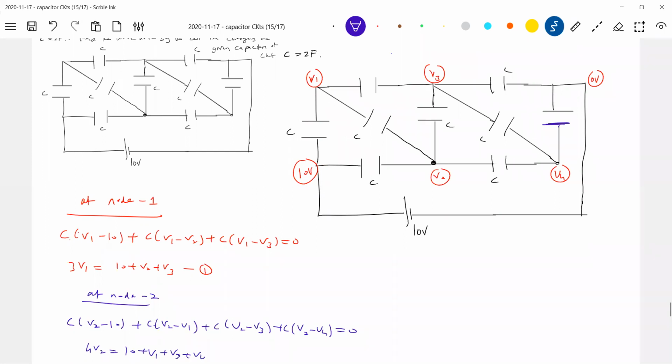V1 plus V3 plus V4. At node 3, C into V3 minus V1, C into V3 minus V2, three V3.